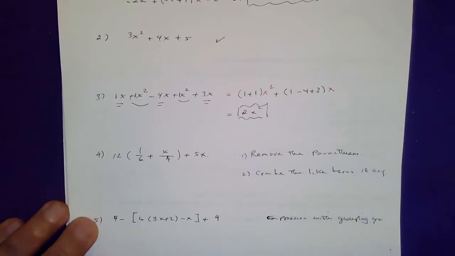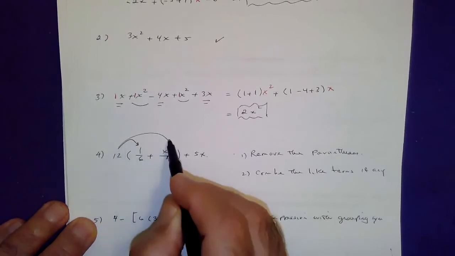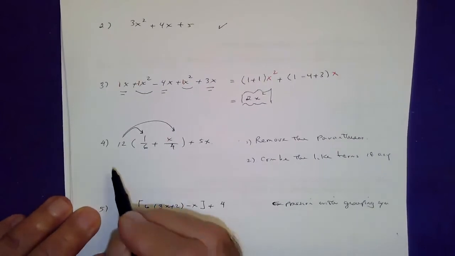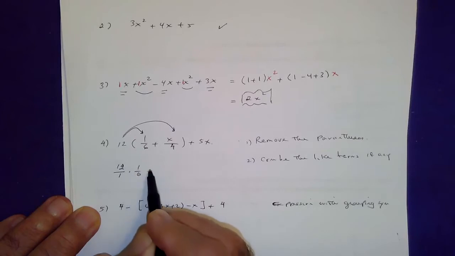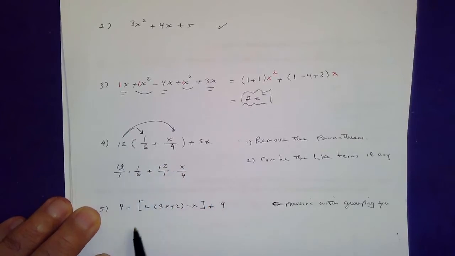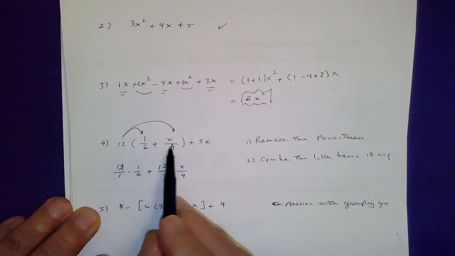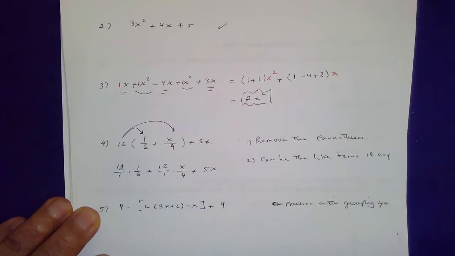Okay, so the first thing I do is distribute the 12 by 1/6 and x over 4. How do you do that? You go 12 over 1 times 1/6 plus 12 over 1 times x over 4. So you multiply the 12 by each of these fractions inside the parentheses plus 5x.